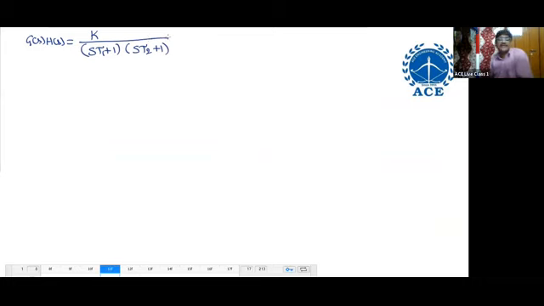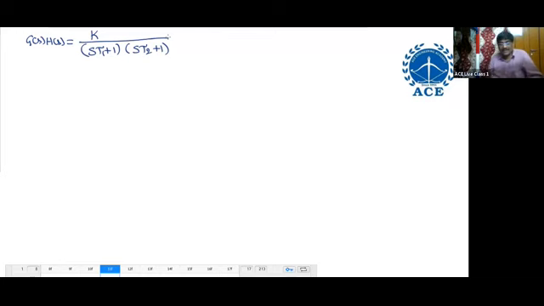Sometimes in the exam they give G(s)H(s) equal to K by (s tau 1 plus 1)(s tau 2 plus 1). So how to draw the plot?